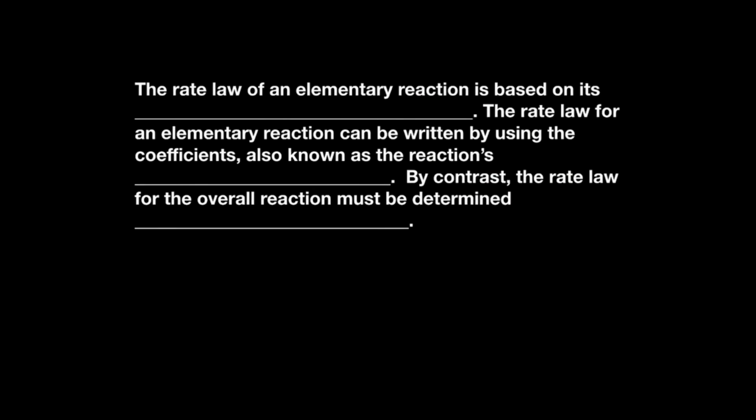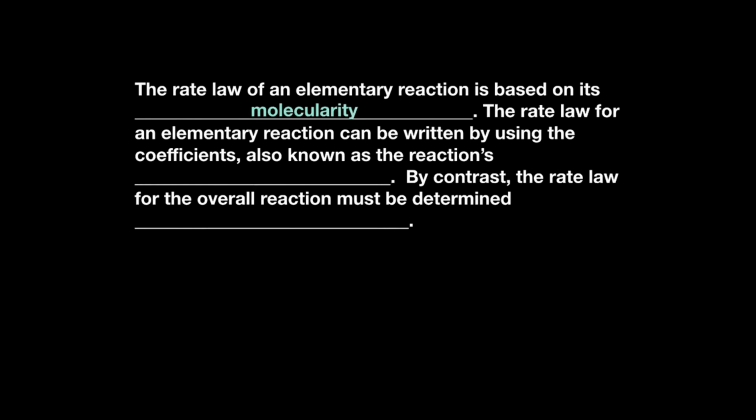Now, the reason why we've been talking about elementary steps: the question is, well, if we just take elementary steps and add them together, why are we even looking at them? Why do we care? Well, the cool thing is we can actually use our elementary steps in order to determine our rate law. So a rate law of an elementary reaction is based on its molecularity.